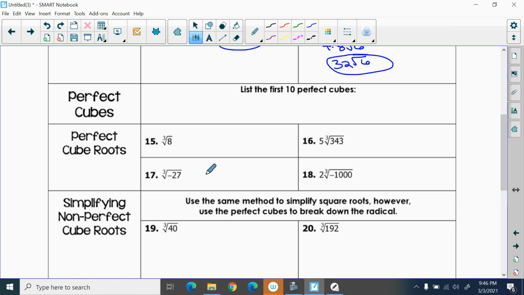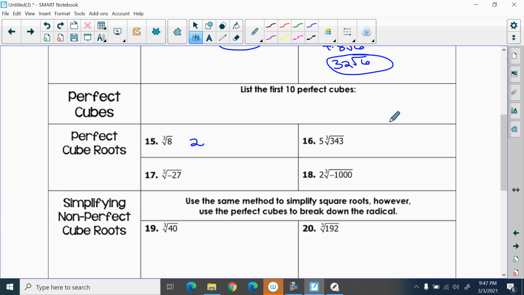All right. So now we also talked about cube roots, and those are also listed. So definitely make sure you have a list of them. So the cube root of 8 is 2. And the cube root of 343 is 7.